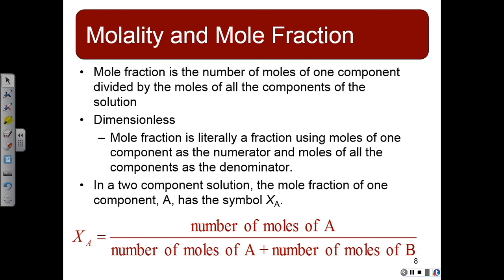So you would divide it again by itself because that's one component. The NaOH is just an example here. Plus, let's say we have it in water. We need to know the moles of the water. If we had another component in there, some HCl, then we would add that as well. But most times I would just use the two-component solution.